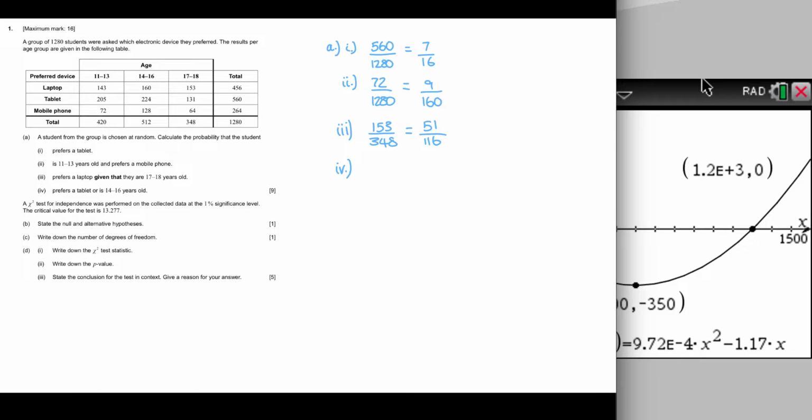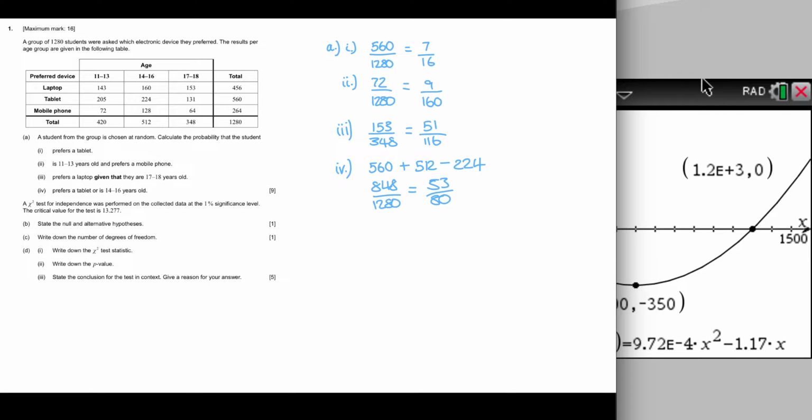So I take the total of people preferring a tablet, which is 560, and add the people of that age range, which is 512, but I need to remember to subtract the people that are in both sections, because otherwise they'll have been counted twice. That gives me 848. So it's 848 out of 1,280, and that simplifies to 53 over 80. The important part there was remembering to do that subtraction at the end.